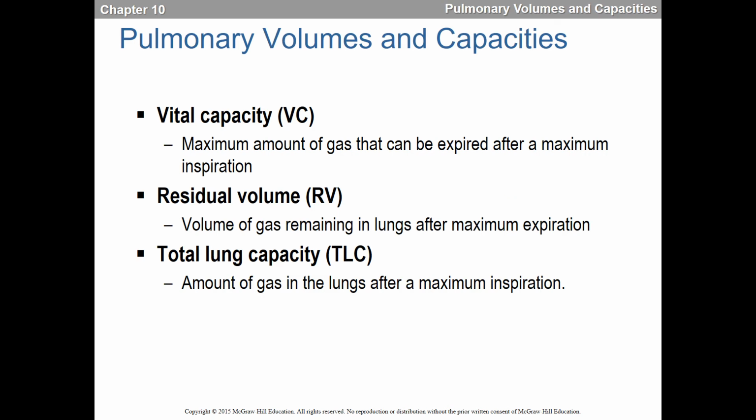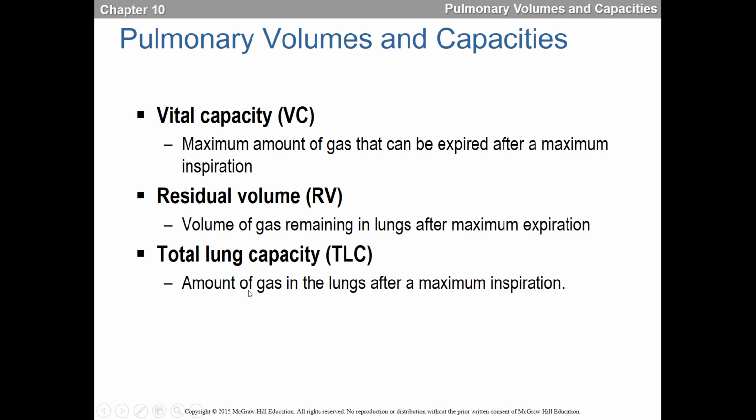Now there's a bunch of different terms related to the lungs that I do think it's important to know. And if you ever work in, I don't know, somewhat of a pulmonary rehab setting, these are important terms. Like vital capacity, FEV1, all sorts of things like that.